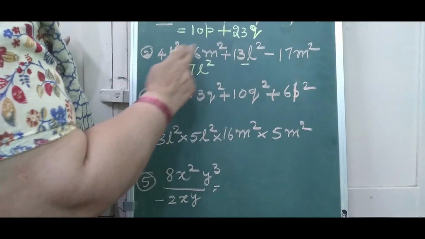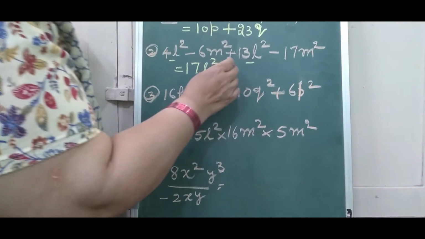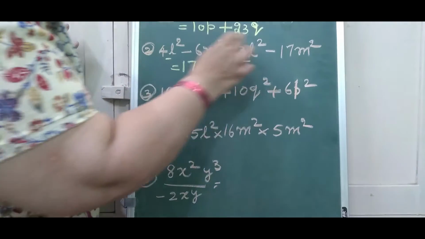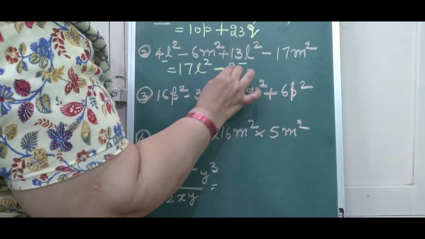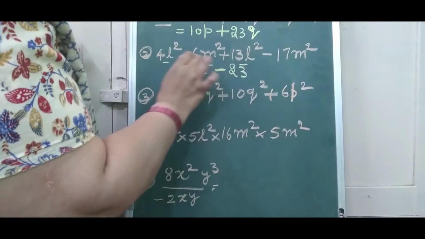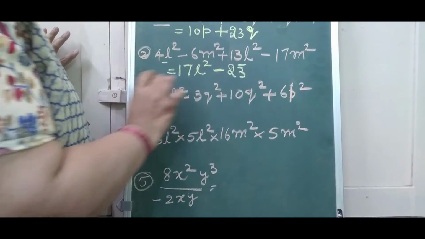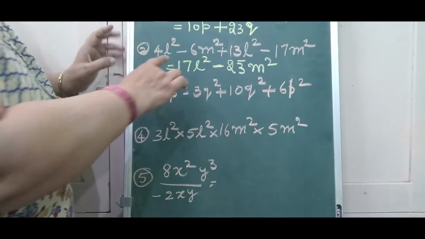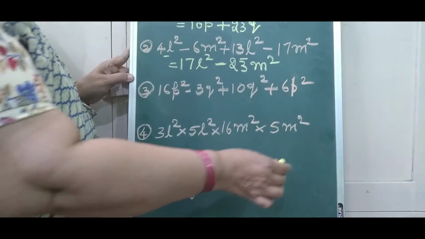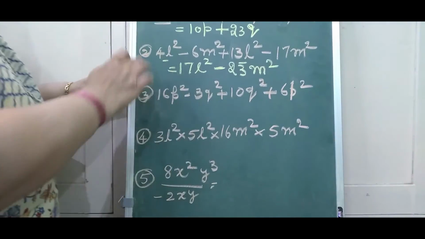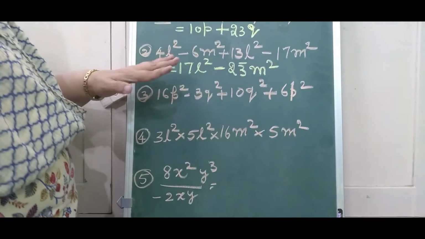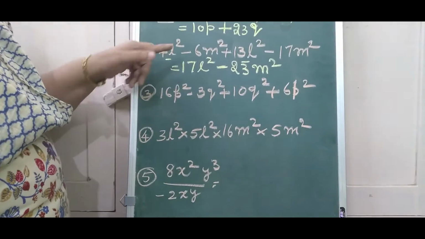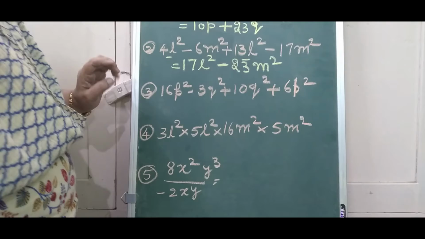Both of them are minus, so I am writing minus here. And 6 plus 17 will be 23m square. So 17l square minus 23m square will be the answer there. We will keep it like this only. We will not mix up again. L and m are different algebraic terms. So this itself is the answer.